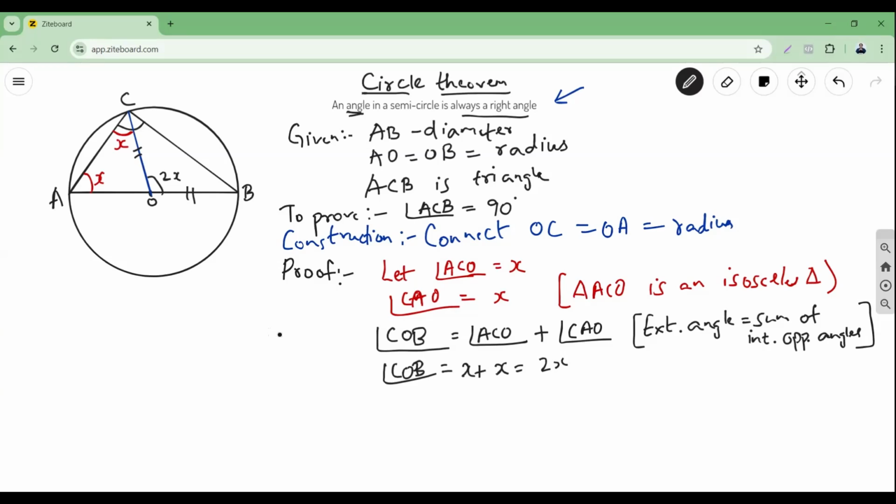So angle OCB, I want you to observe where OCB is, this OCB, let me write in blue color, and OBC, these two are equal because it's an isosceles triangle again. So angle OCB is equal to angle OBC. The reason is isosceles triangle.